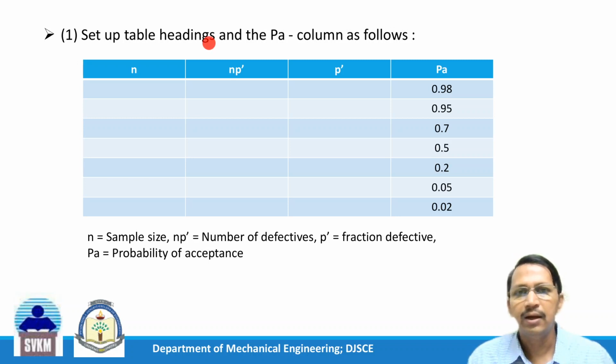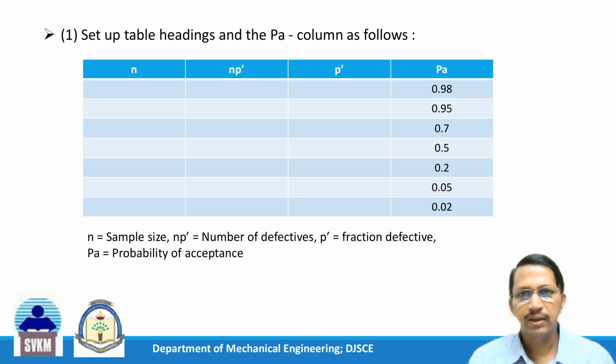They will directly do these calculations and generate the OC curves. But just to know the procedure and understand it in a better way, let us do these hand calculations by referring to the table. Step 1: set up table headings and the probability of acceptance column as follows.